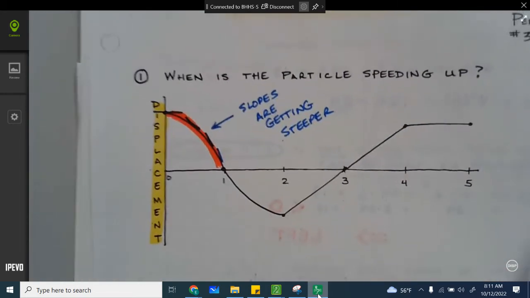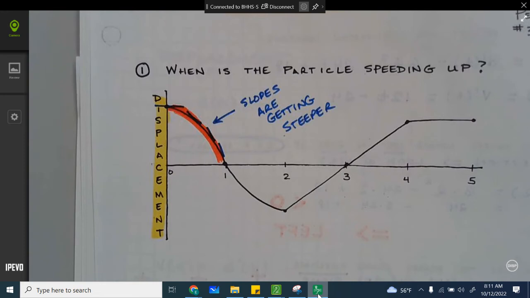If the graph started, say, with everything moved back on the scale and it started at 0, but where the 1 is, so the first 1 to 0 wasn't there, then would the 1 to 2 be getting steeper because that's the steepest? Or no, it'd be getting less steep because that's a pretty steep slope. So there would be no speeding up on the whole. Yeah, if you didn't have this, it would never be speeding up. It would be starting off going pretty fast in a negative direction, and then it would slow down, and then it would go at a constant speed, and then it would sit still.